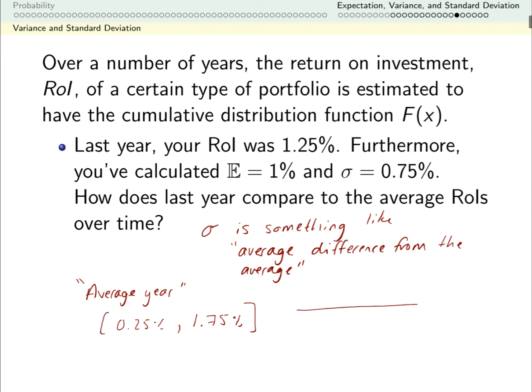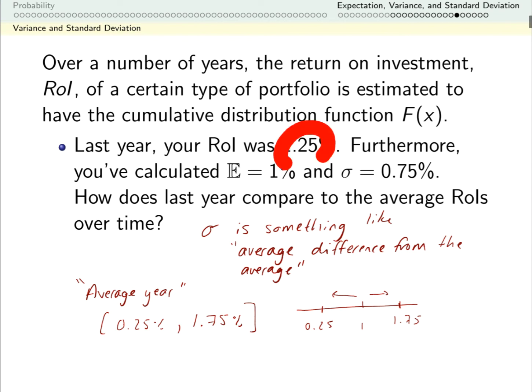So if I think of 1 as the average, my sort of average amount of wiggle room is 0.75. So if I add 0.75, I get to 1.75. If I subtract 0.75, I get to 0.25. So if you want to think of the average as a range, what's the range that things mostly fall into? This is a way that we like to sort of interpret the standard deviation.